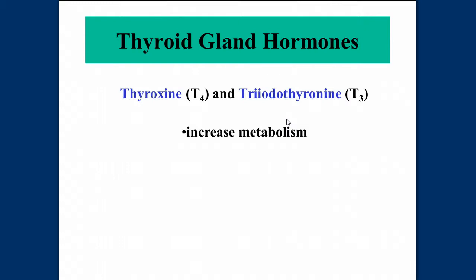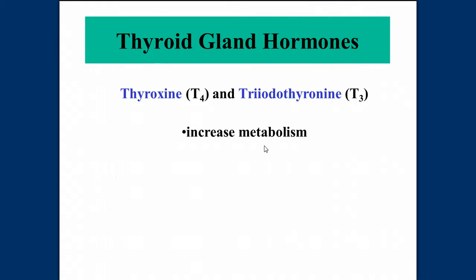Again, the anterior pituitary produces TSH, thyroid stimulating hormone, picked up by the bloodstream and carried to the target cells in the thyroid, and the thyroid responds. If thyroid stimulating hormone levels are adequate, the thyroid will respond by producing thyroxine and triiodothyronine, and these help to increase metabolism.